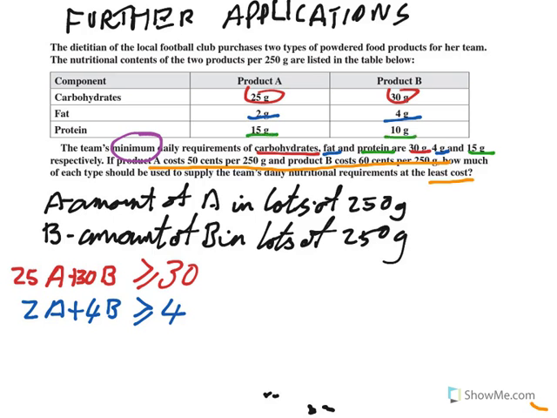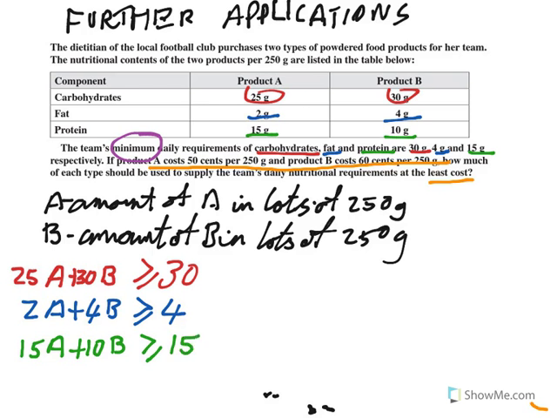Then for our protein, for each 250 gram lot of product A you get 15 grams. Looks like 16, not 15. 15 grams. And for each 250 gram lot of product B you get 10 grams, and the minimum we want is 15 grams in total.